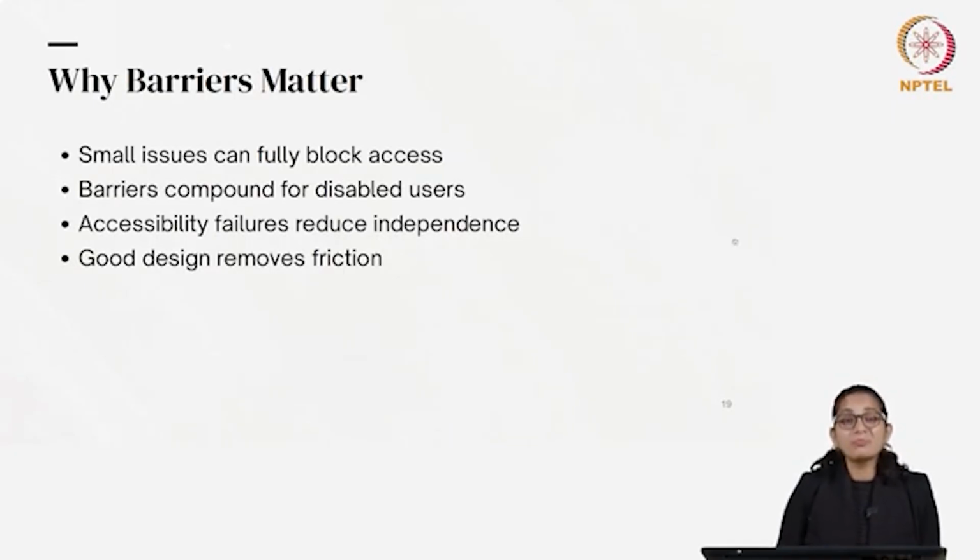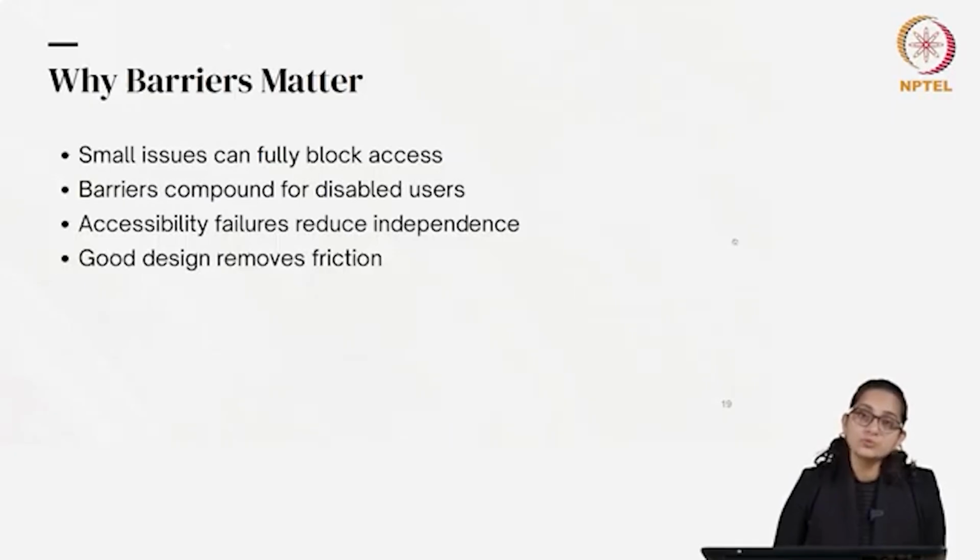And barriers compound for disabled users. All of these may be one kind of barrier. For example, for somebody who can see, color contrast may be a hurdle, but they might still be able to interact with it.